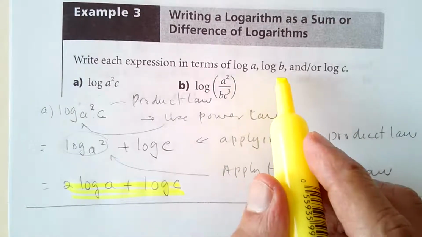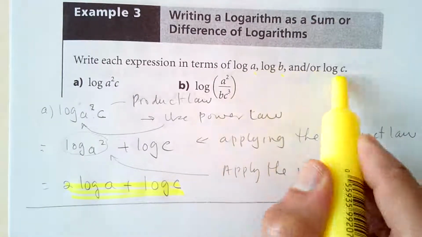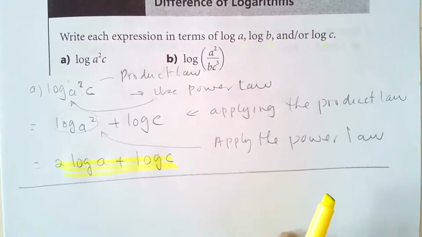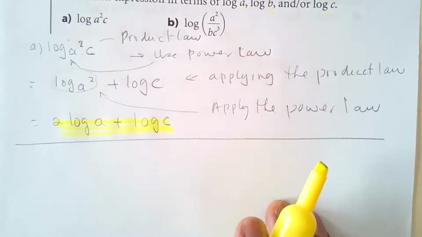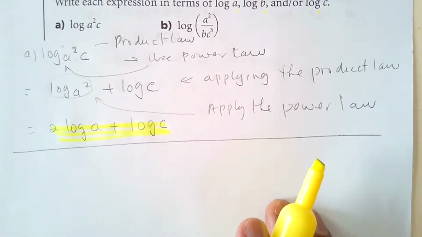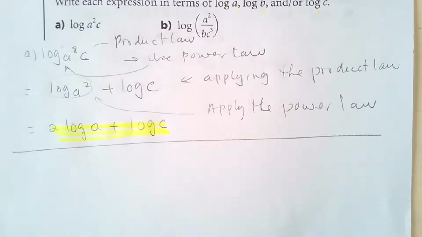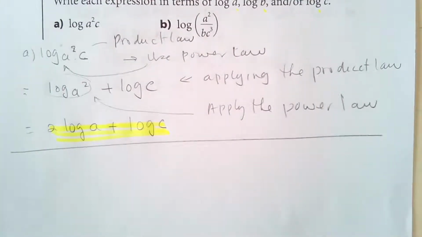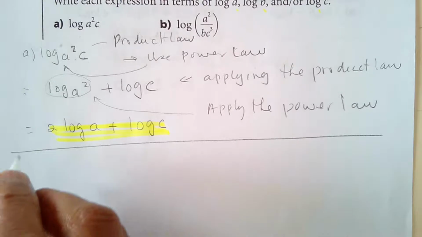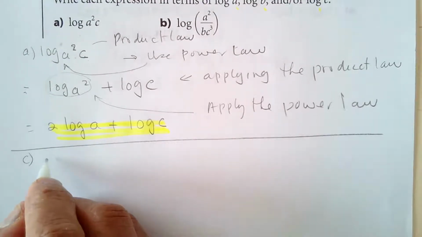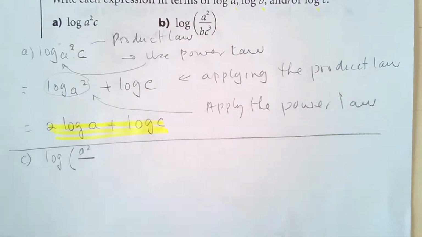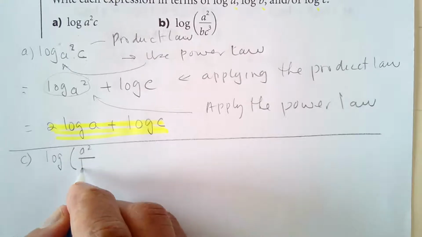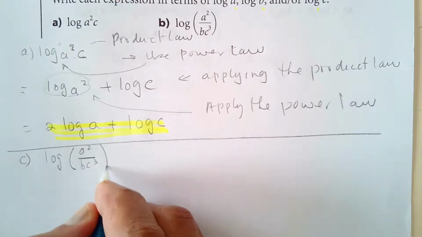They ask us to write in terms of log A, log B, and log C. Then the next one we have is log of A squared over B C to the power 3.